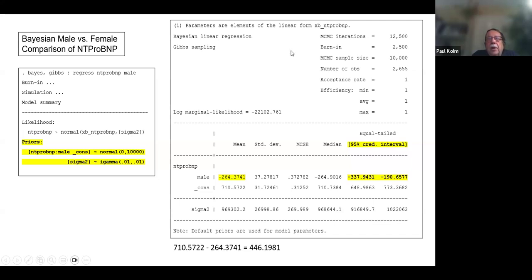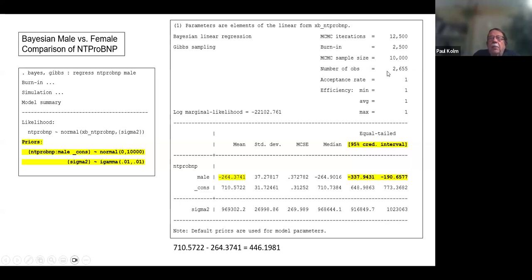When we do Bayesian analysis, we do what's called Markov chain Monte Carlo sampling. And we have to do a certain amount of burn-in just to make sure we don't get a weird value. So our Markov chain Monte Carlo sample size is going to be 10,000. So we're going to make 10,000 random draws from this normal distribution.